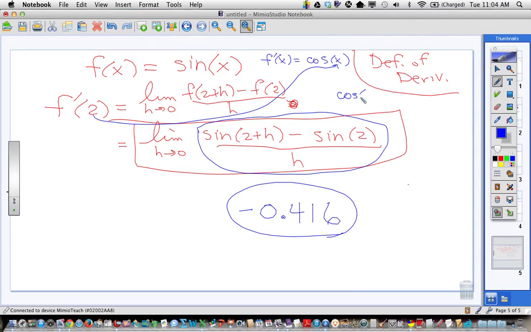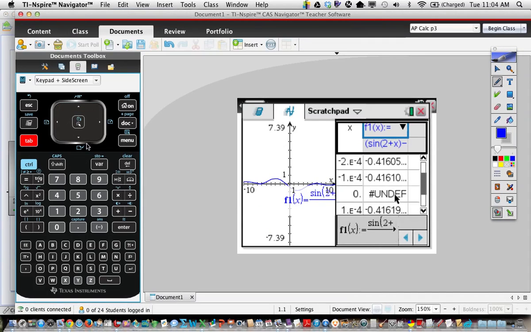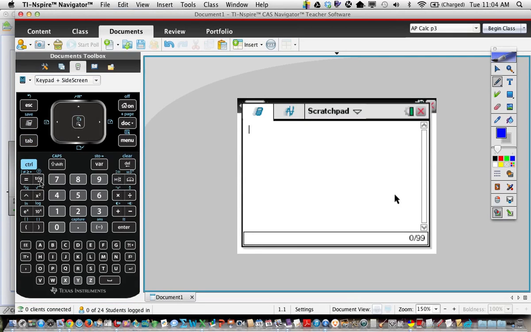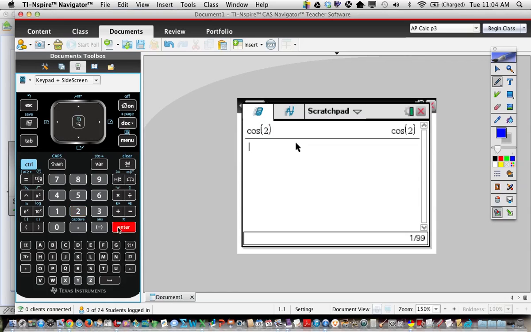Cosine of 2. Go to your calculator side of things and put in cosine of 2. Right? Cosine 2, hit enter, hit control enter, negative 0.4, that's it. Right? So it makes sense that that's what we got.